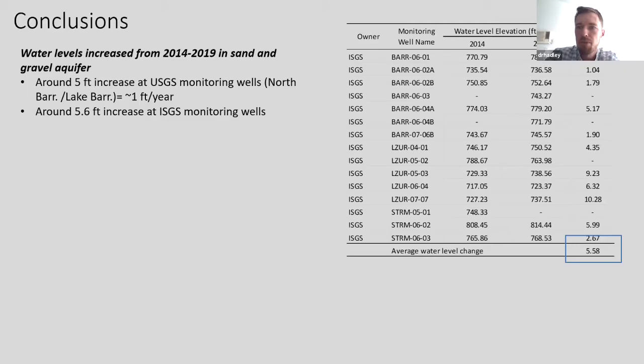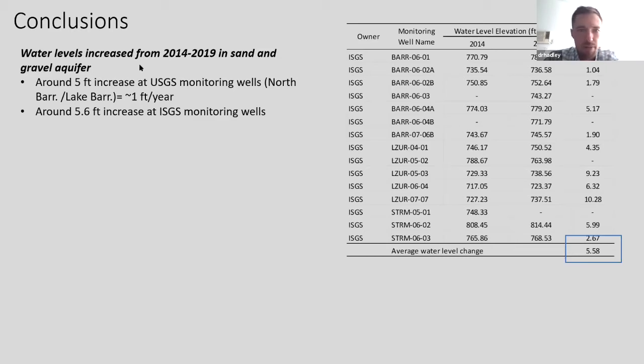But we also see that in the ISGS wells that are monitored periodically. This is just a table comparing the July 2014 measurements to the July 2019 measurements. And on average, there's a 5.58 foot increase, and they all increased through time.